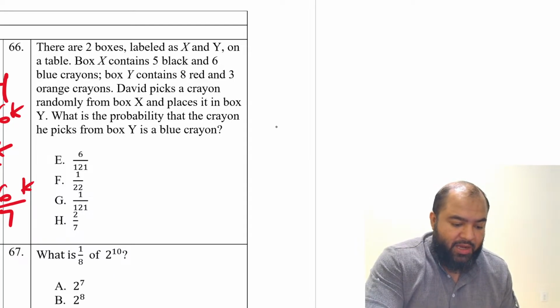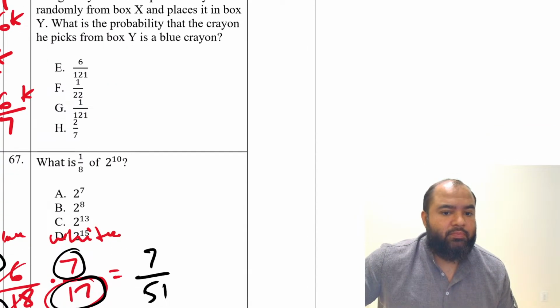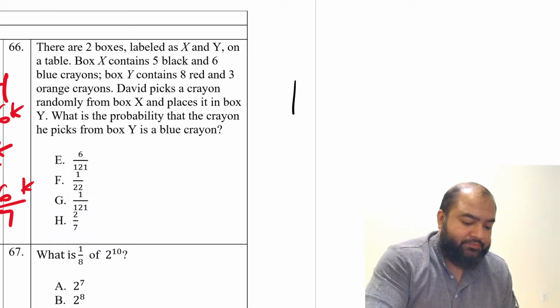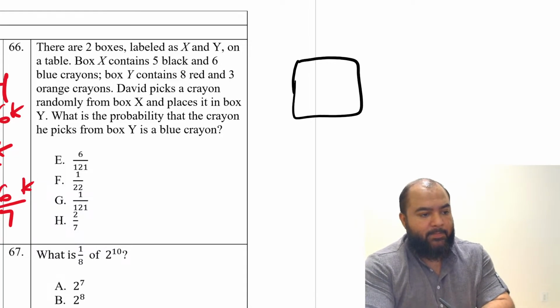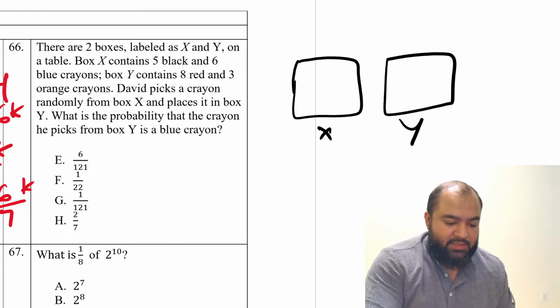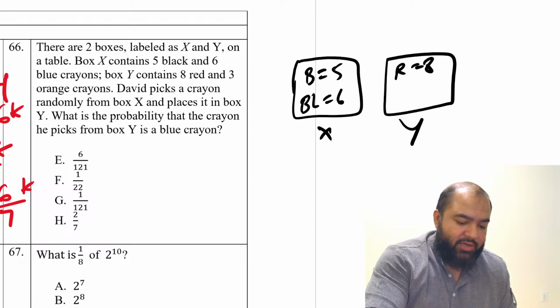There are 2 boxes labeled X and Y. Box X contains 5 black crayons and 6 blue crayons, and box Y contains 8 red crayons and 3 orange crayons.